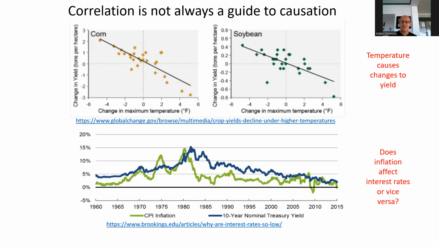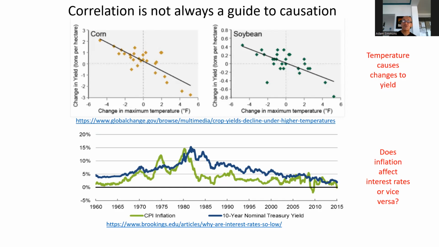Inflation and interest rates. Now, this is quite a tough one, because what happens is, if inflation is high, which is what we've seen at the moment, a government will increase interest rates. So they could argue that the correlation is positive and the causation is positive. But then as interest rates increase, inflation should decline.